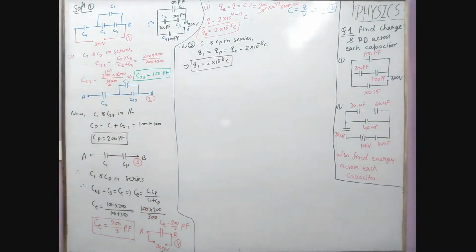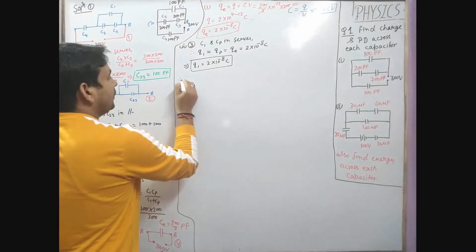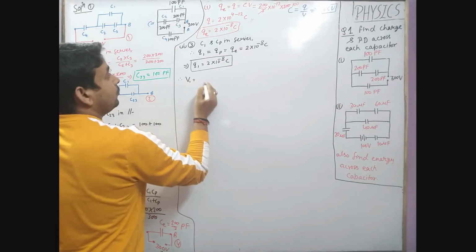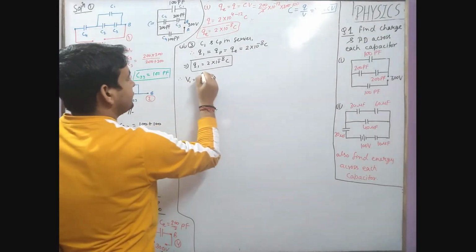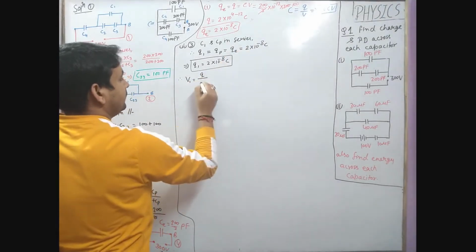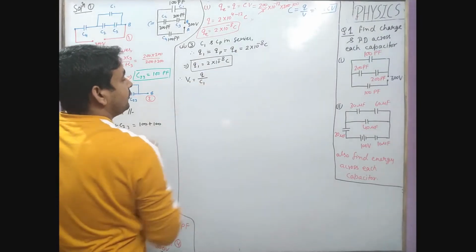Now we need to calculate the potential across C4. Therefore V4 is equal to, we have the formula, Q upon C4.